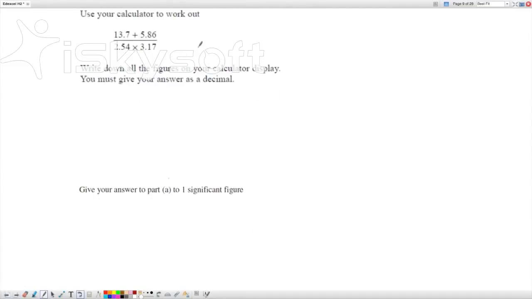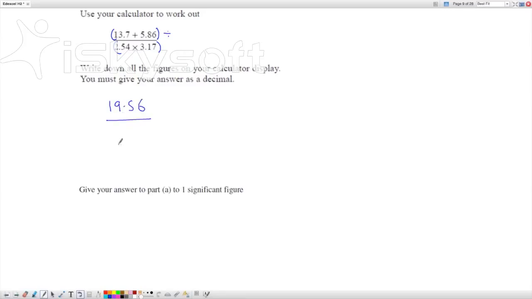We need to use our calculator to work out the following calculation. We can simply put the top calculation in brackets, press divide, and put the bottom calculation in brackets. That will get us straight to the answer. Alternatively, you might want to work out the top separately.